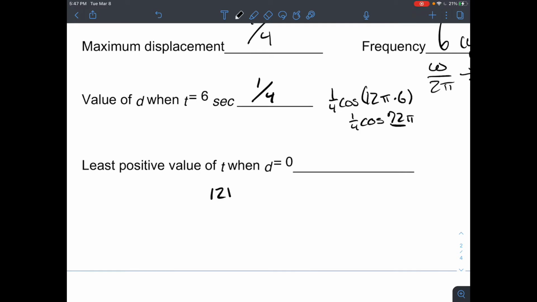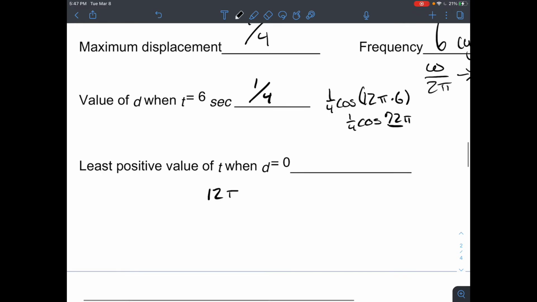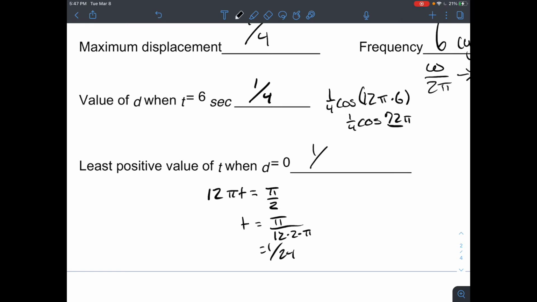Remember, when we're dealing with cosine, we have to set the inside equal to pi over 2. So now we're going to divide by 12 times 2 times pi, so we're just going to get 1/24. And that will be that.